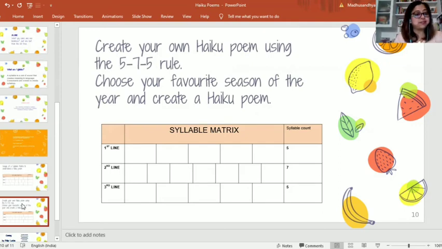Use the 5-7-5 rule. Choose your favorite season, because haikus, especially Japanese haikus, were mostly written on seasons, on something about the beauty of nature. So those kinds of topics you can take, and hopefully you're taking a screenshot, use this syllable matrix to create your own haiku.